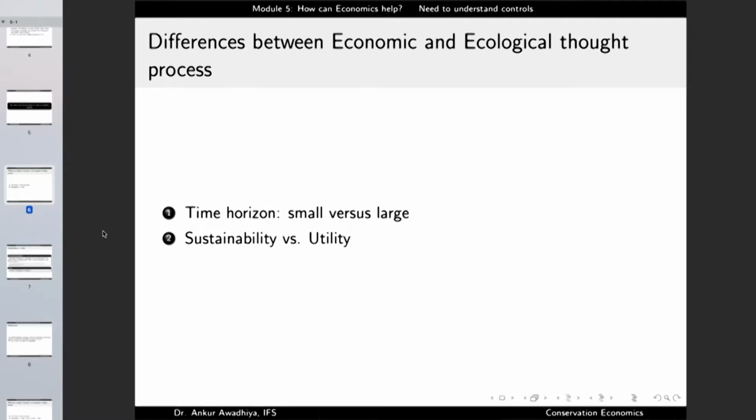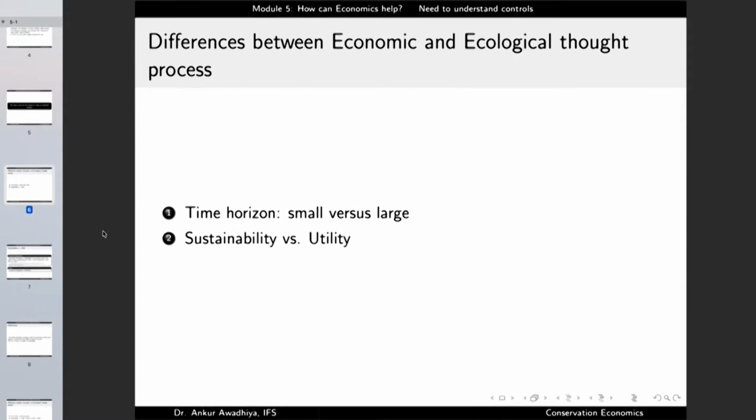Now, the economist would say, oh, if I install this equipment, probably I'll be able to recuperate the cost in, say, the next 30 years. So, this is not good from an economic point of view, but the ecologist might say that no, no, no, this is extremely crucial. Otherwise, we might have a situation of acid rain. Now, this time horizon needs to be kept in mind.